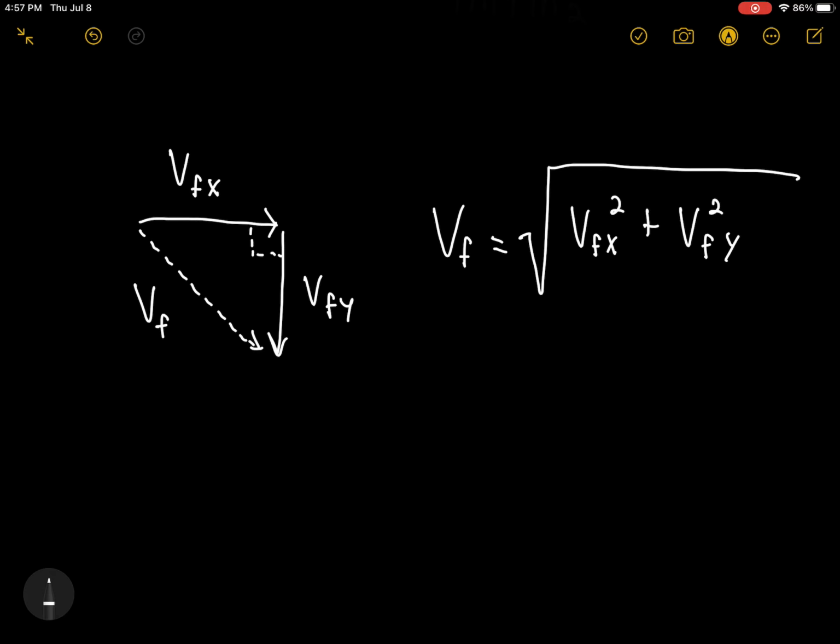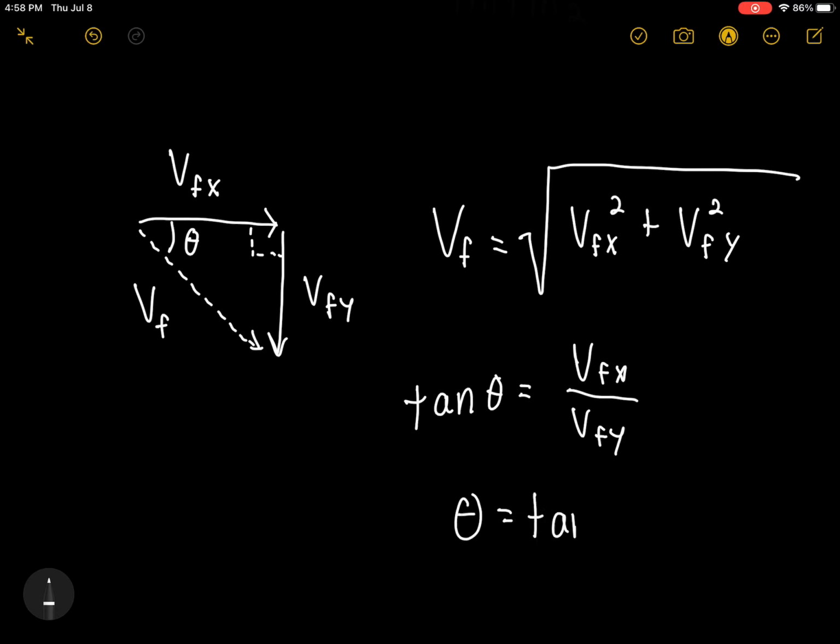One final step that we have to do is solve for our angle that it makes, and of course you can use SOHCAHTOA again, and figure out that the tangent of theta is equal to... And there you have it, our first inelastic collision example.